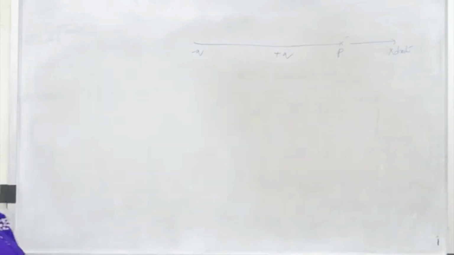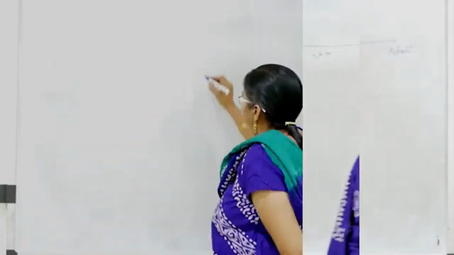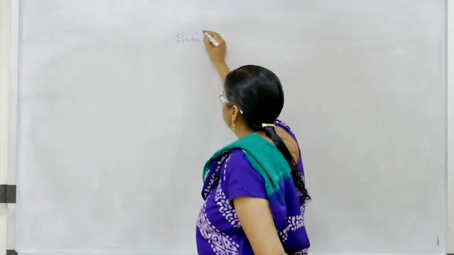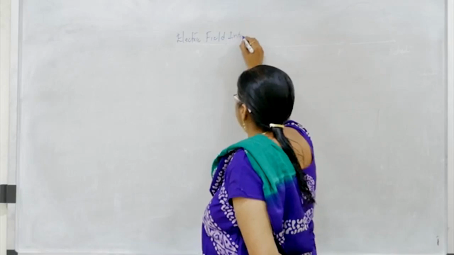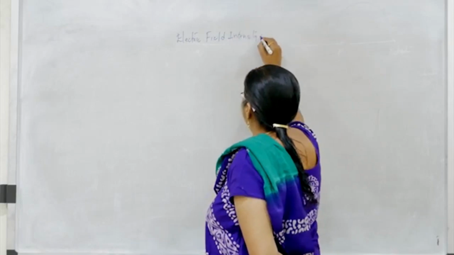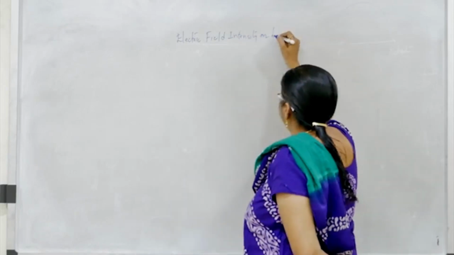Next one is electric field intensity on the equatorial line.